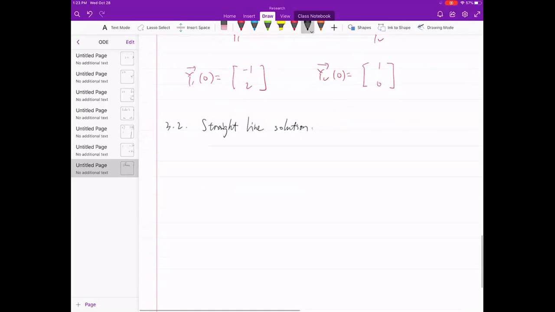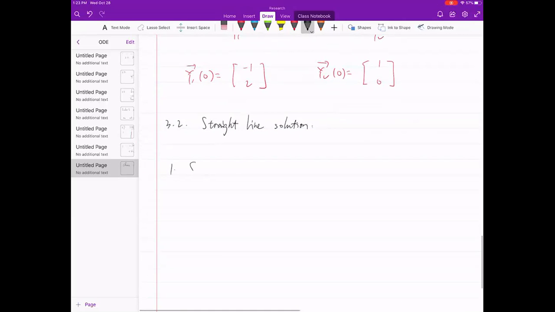To see that, let's take the example we just did. We have y prime equals the matrix 2, 3, 0, negative 4 times y, which we just finished. Now let's draw the phase portrait.